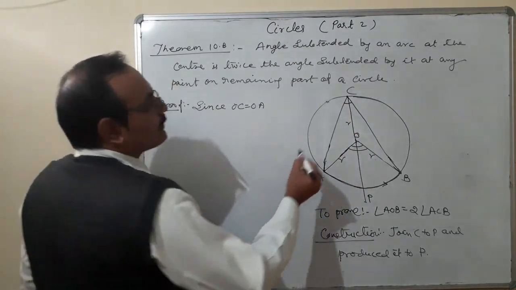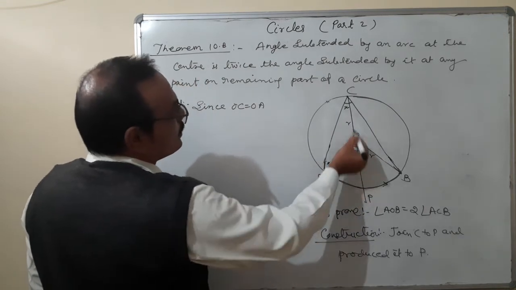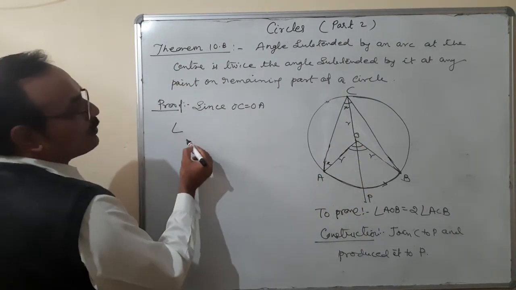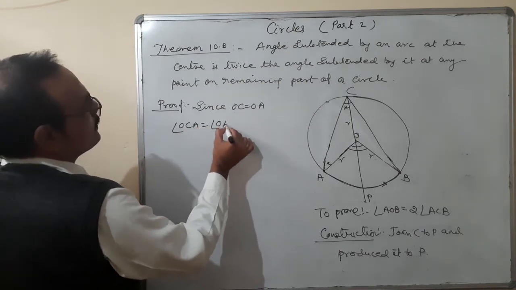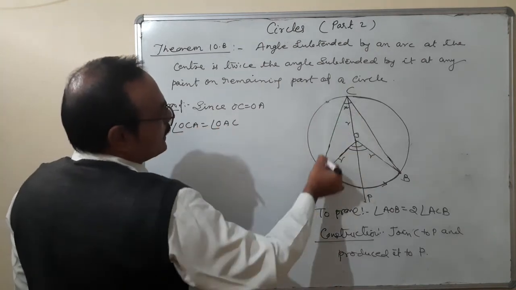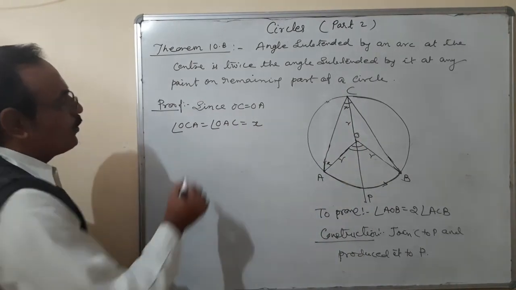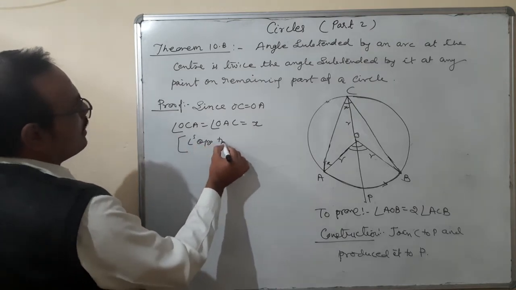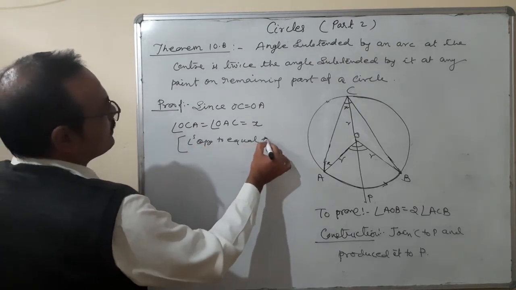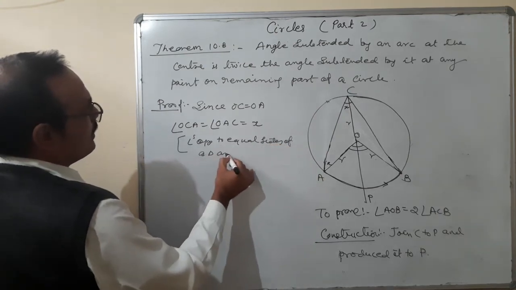So when I write here, since OC is equal to OA, that means angle OCA is equal to angle OAC, equal to, suppose, x. What is the reason? Angles opposite to equal sides of a triangle are equal.